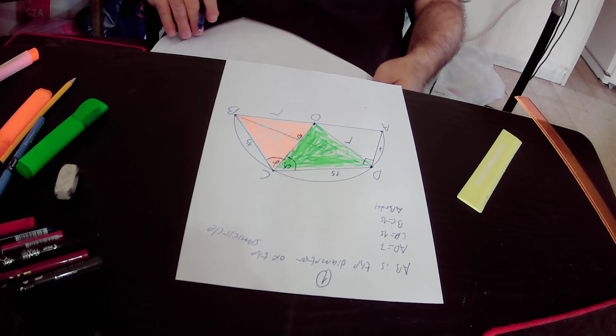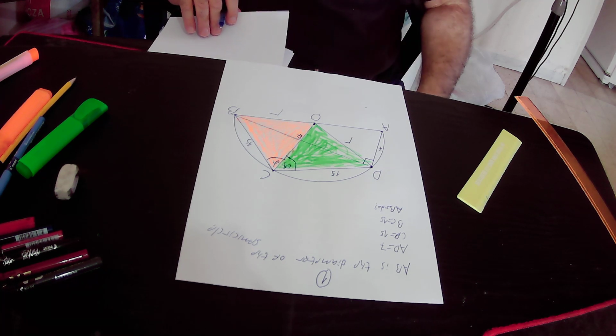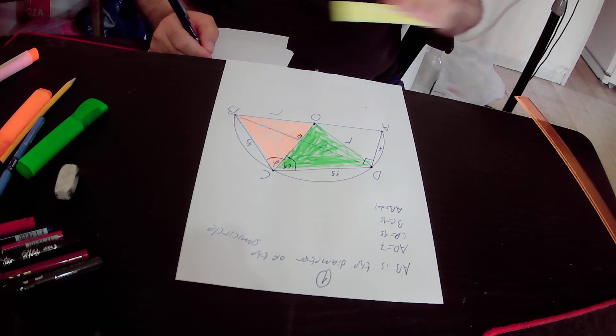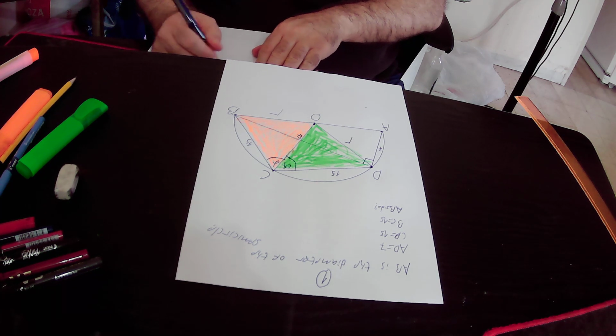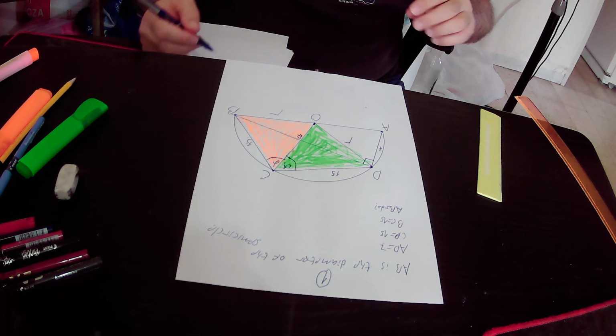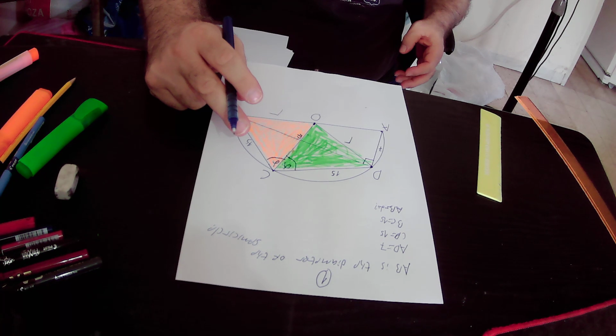And here we have rule number 2, which states that in front of equal sides in the triangle there are equal angles.